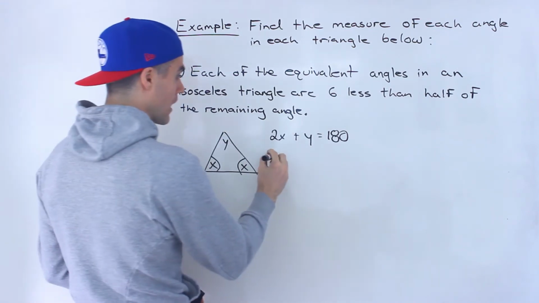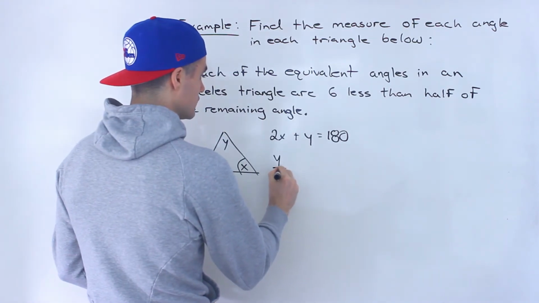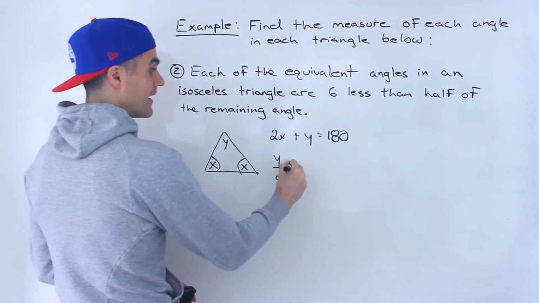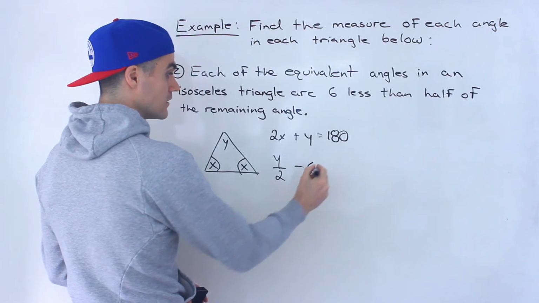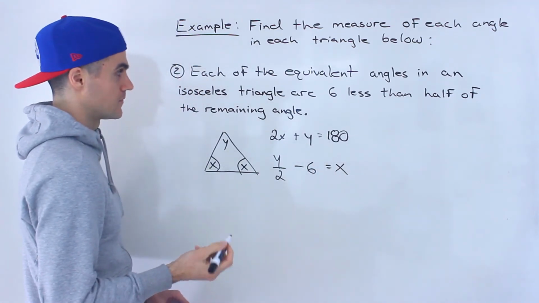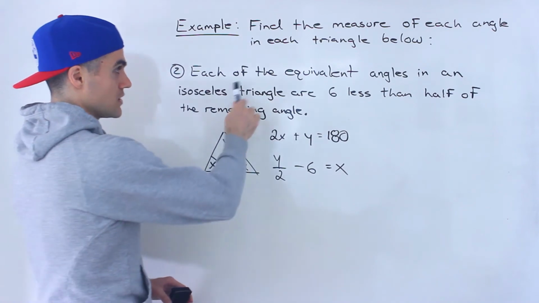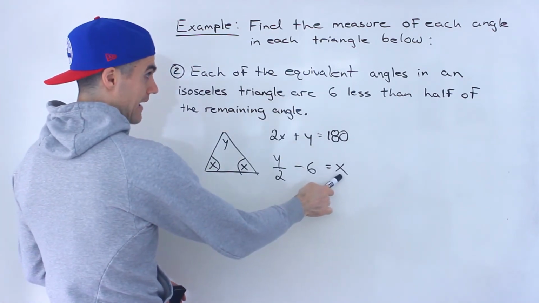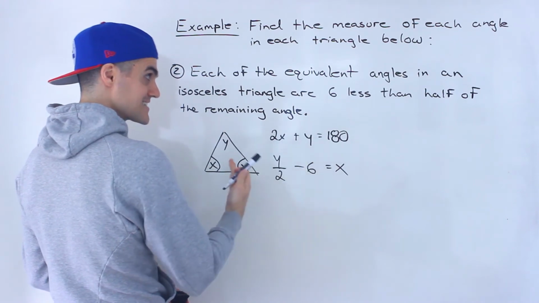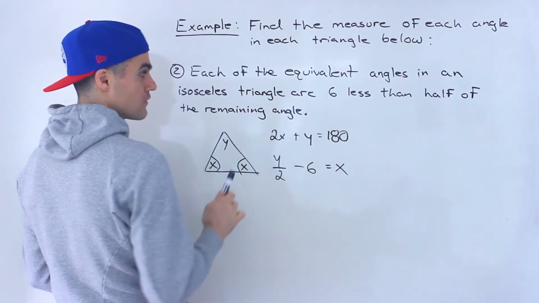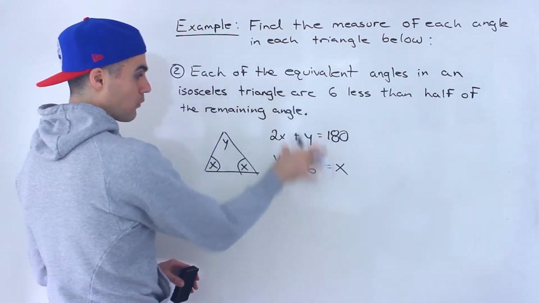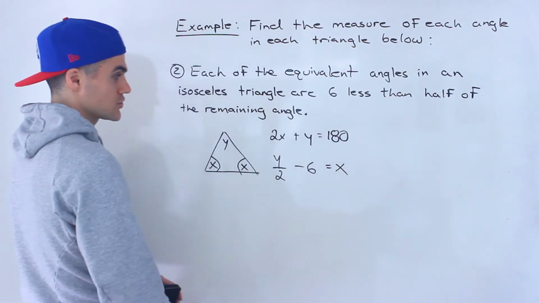So if we take y divided by 2, which would be half of the remaining angle, and then subtract 6 from that, we would get one of the equivalent angles, x. Hopefully you can see from that wording how we got this equation here.